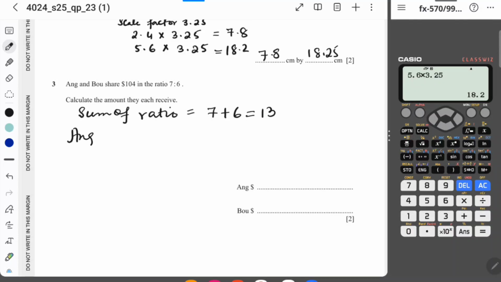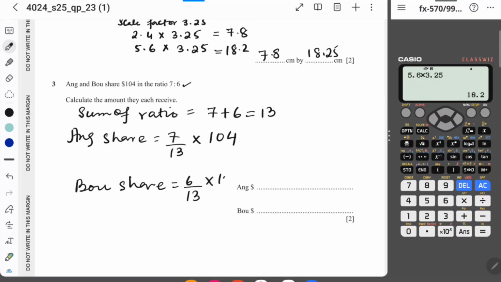So Ang's share will be 7 out of 13 of 104, and Bao's share will be 6 upon 13 times 104.